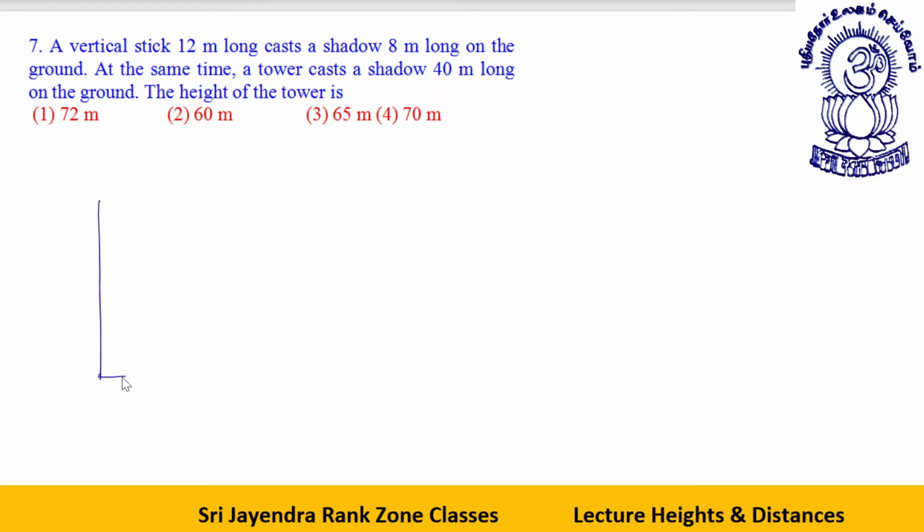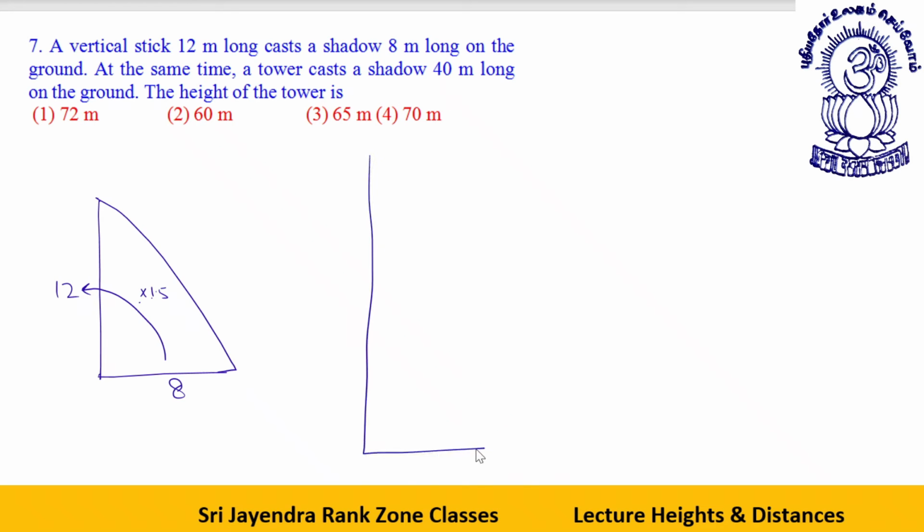What we have is a vertical stick 12 meters long casting a shadow of 8 meters. Okay, so if you multiply this by 1.5, you will get 12. At the same time, a tower casts a shadow 40 meters long. Now this is a tower, and it casts a shadow of 40 meters.